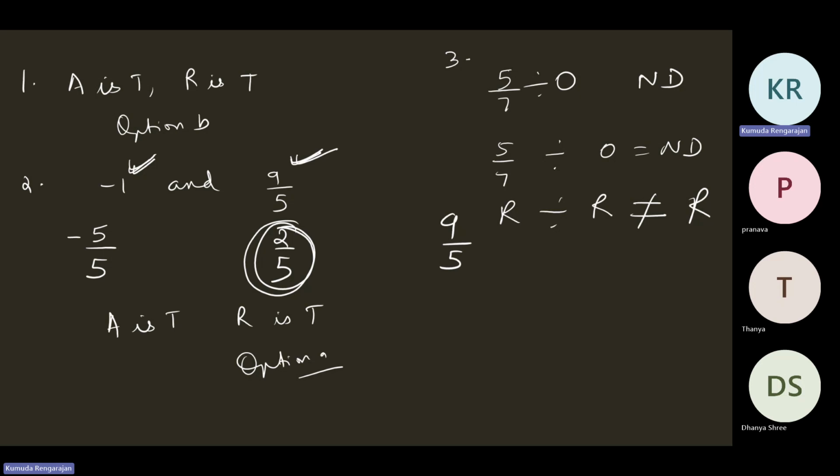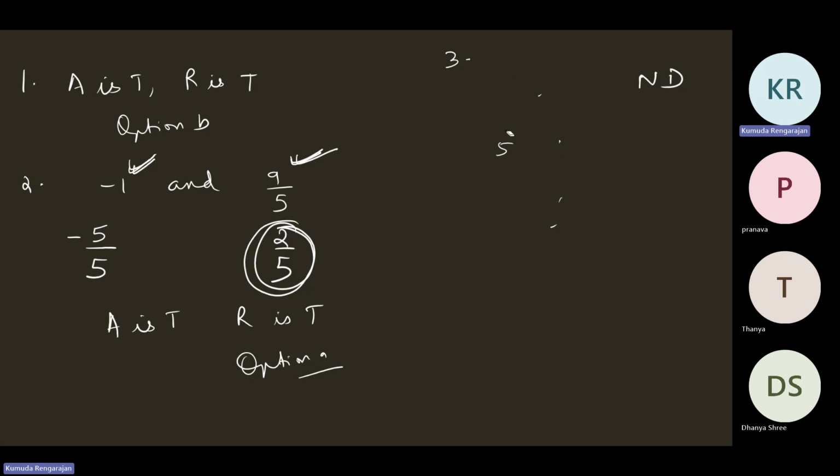One explanation is that rational numbers are not closed under division, that is, when you divide a rational number by another rational number, the answer need not be a rational number, because division by 0 is not defined. For that reason, it is false. But here they have mentioned A by B and C by D, so if you take both of them as rational numbers and not 0, then it is true. Please try to understand.